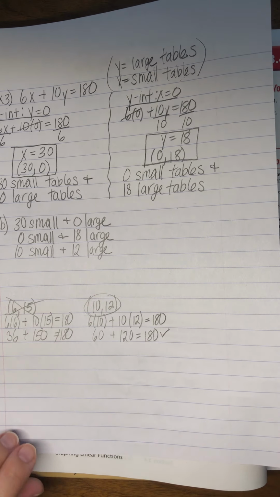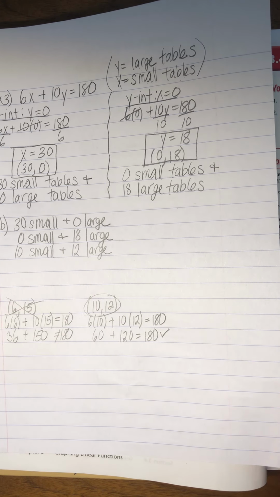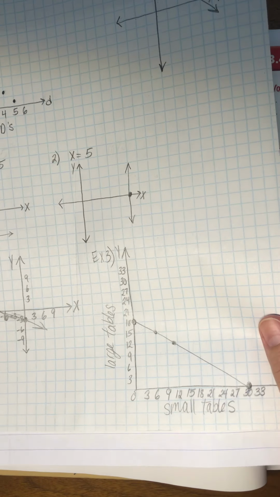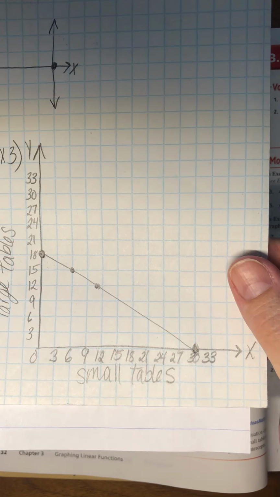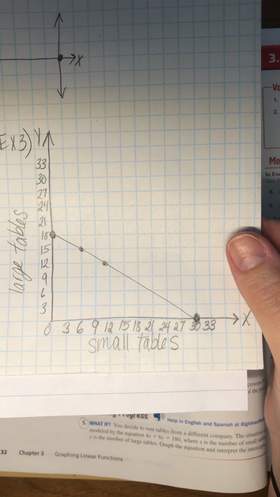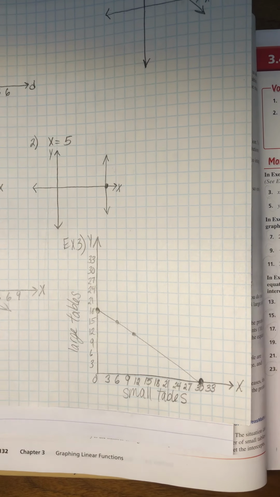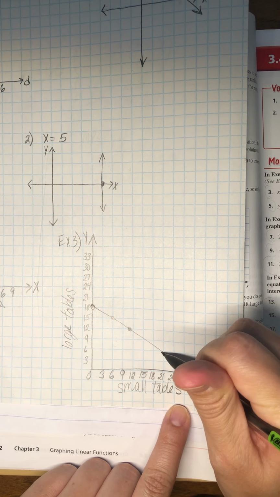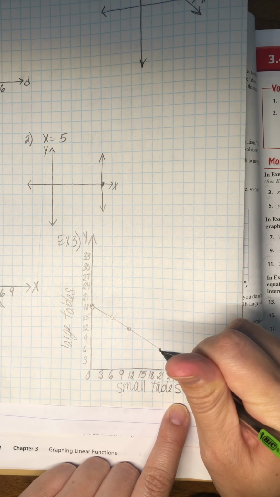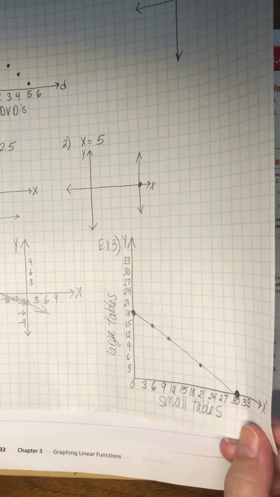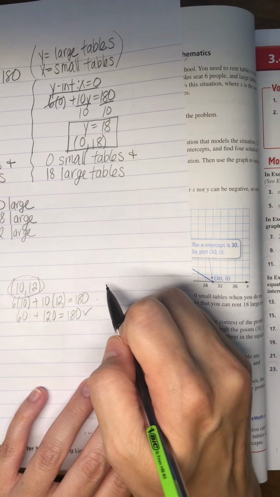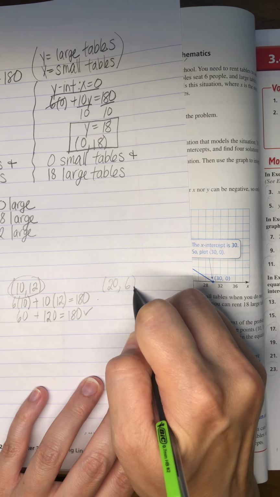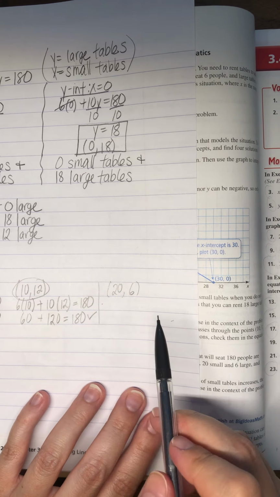Okay, we're gonna pick one more combination. And again, I'm gonna look at my graph here. And you can use your graph to help you kind of figure out the points, or you can just pick numbers and try to figure it out from there. Let's see, let's try to do 20 and 6. This point looks like a good point. Let's plug that in to our original equation.